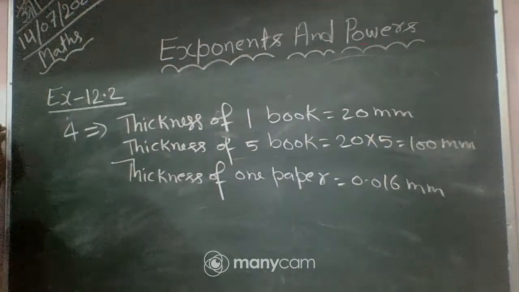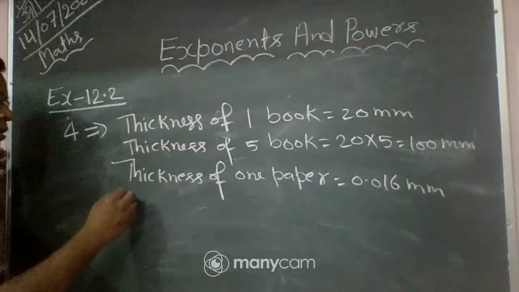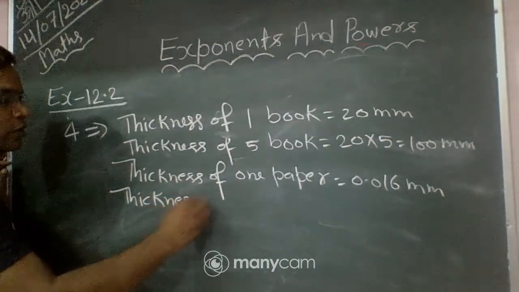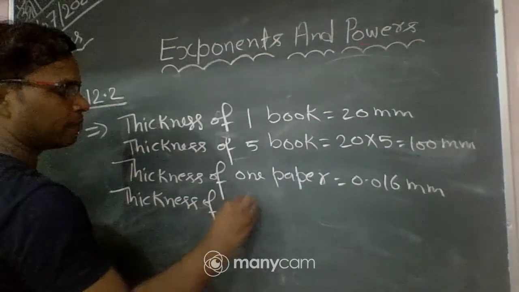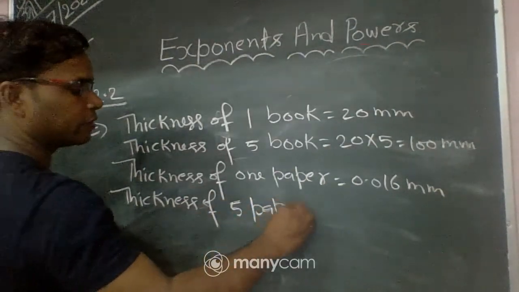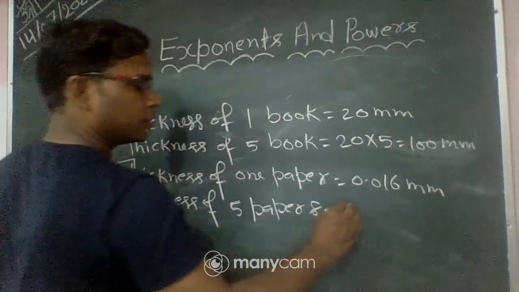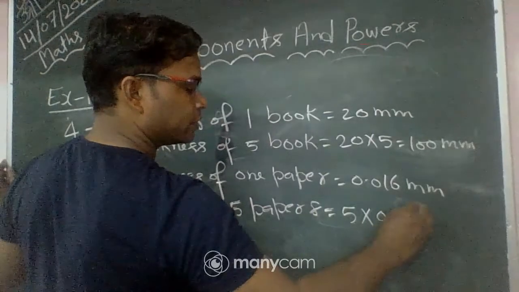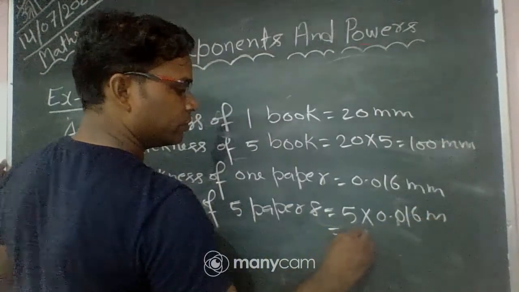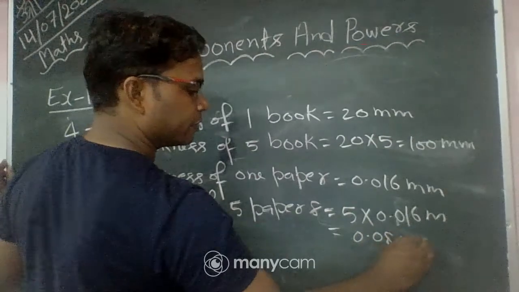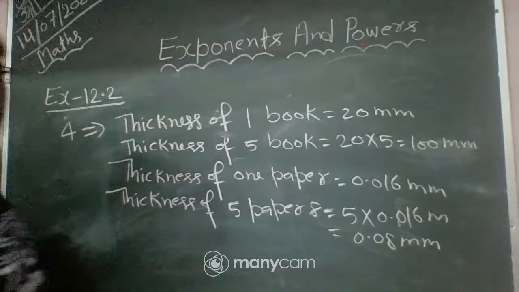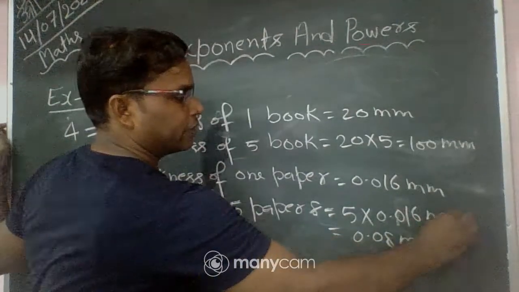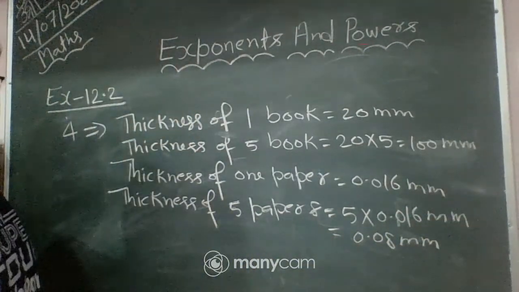So we find the thickness of 5 papers. This is equal to 5 into 0.016 mm. This is equal to 0.08 mm. Here mm means millimeter. Clear?